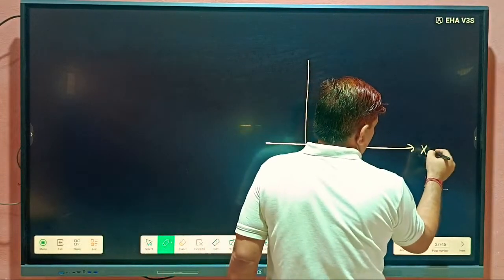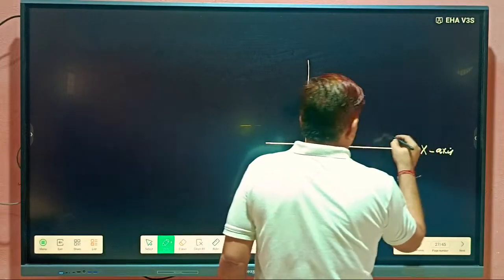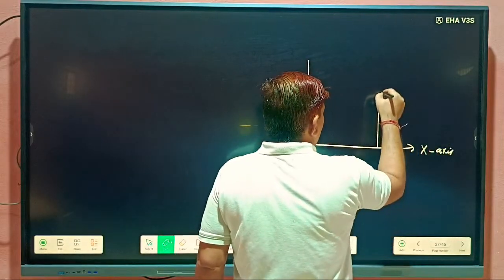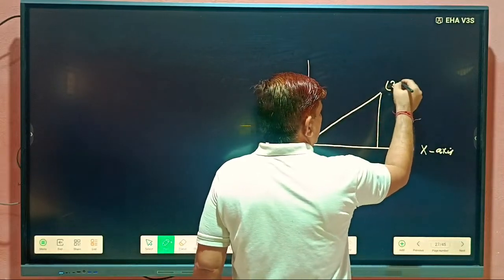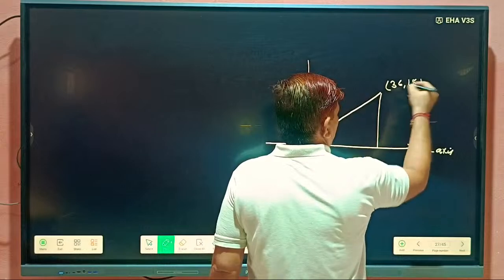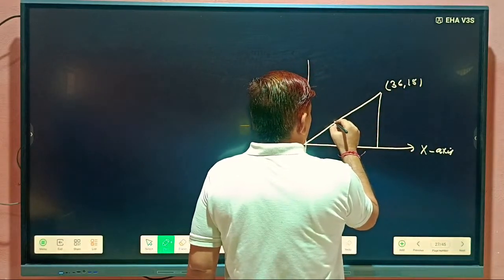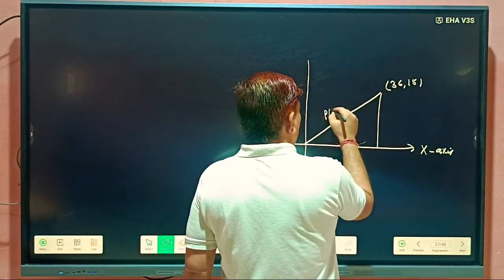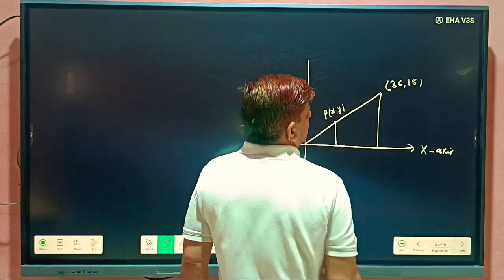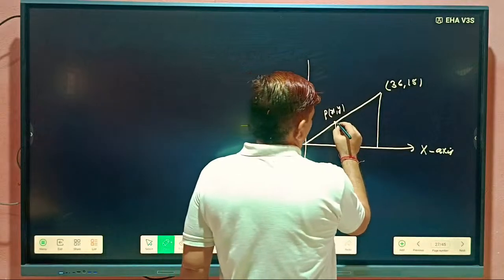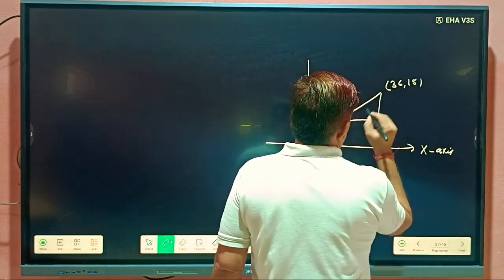This is the x-axis, and this is a point whose distance from here is 36 and 15. And point P is here, whose coordinates are x and y. Draw a perpendicular from here, and from here draw a perpendicular to this.